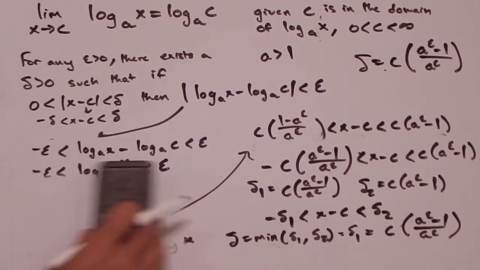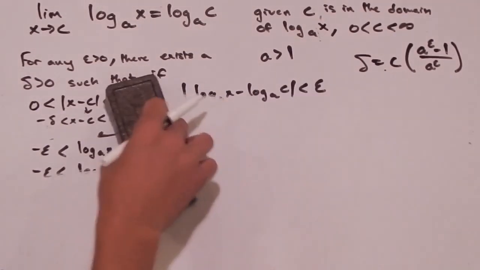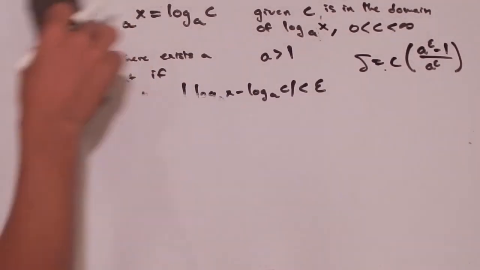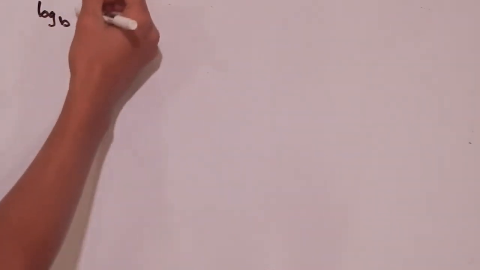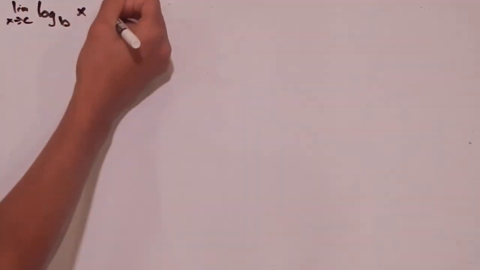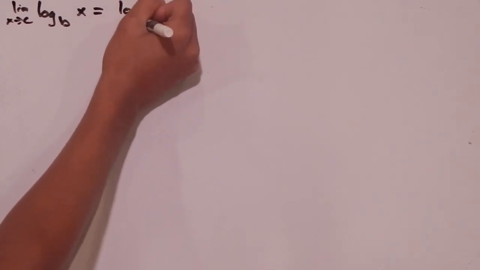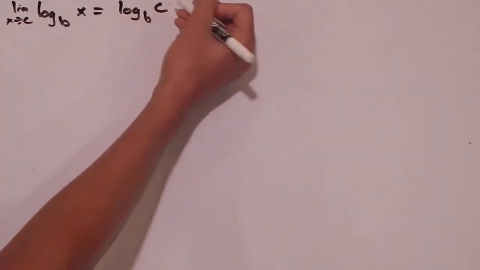Now we're going to try and show this for log bases that are less than 1 but still greater than 0. So we're going to show that if we take the limit as x goes to c of log base b of x, that is equal to log base b of c.